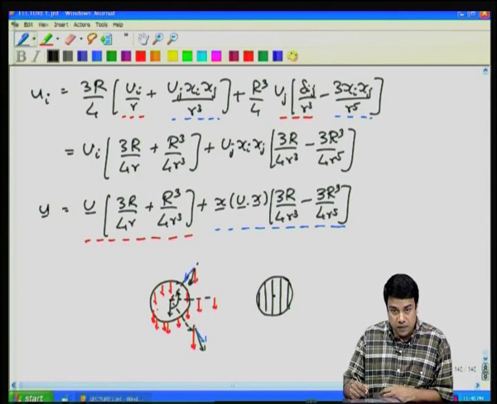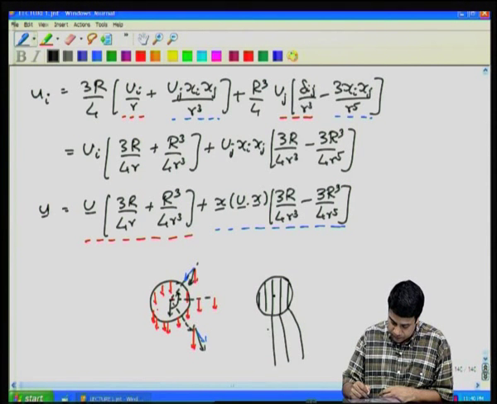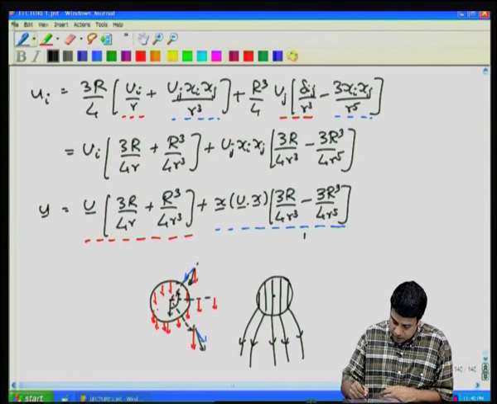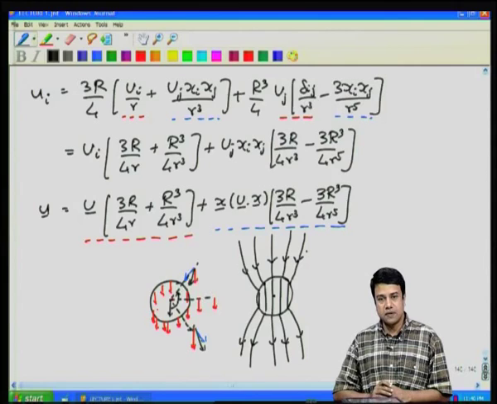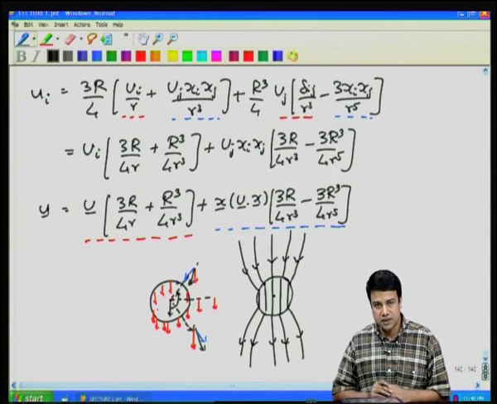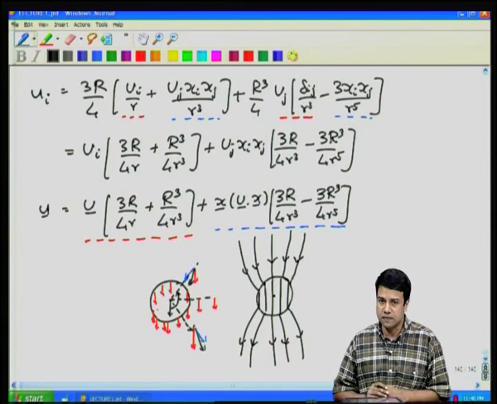On the upstream side of the sphere, you have the velocity going outward. And downstream, you have the velocity coming inward. So, that is the kind of velocity profile that you get due to the settling sphere as given by our solution of the Stokes equations. Okay. So, this is the velocity profile that we get.